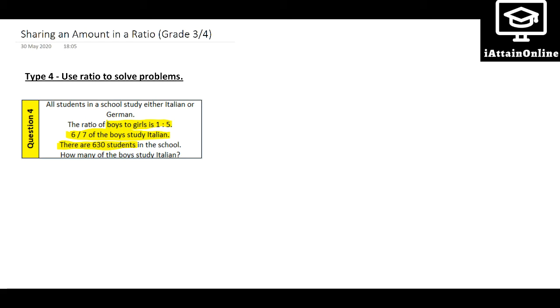We're just going to start by figuring out boys to girls. Notice I've done it in the same order as in the question, B and G, and that's 1:5. So 1 box over here, and 5 boxes. 1, 2, 3, 4, 5 boxes over there.